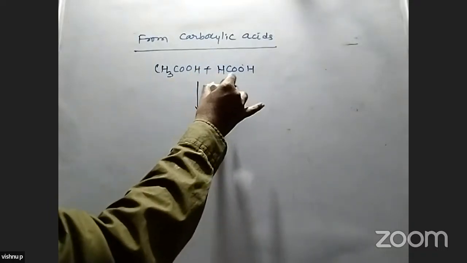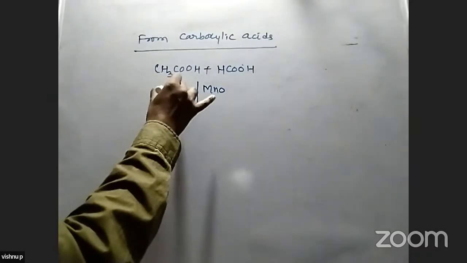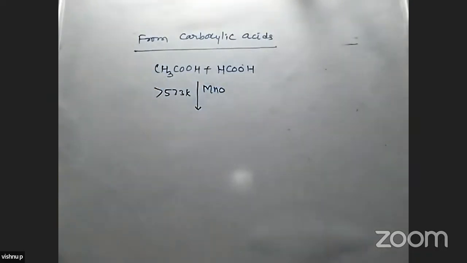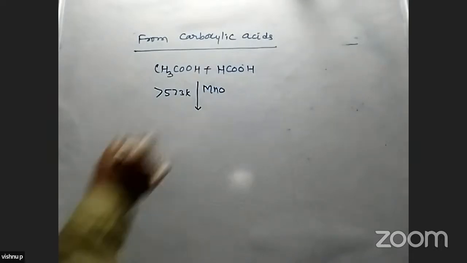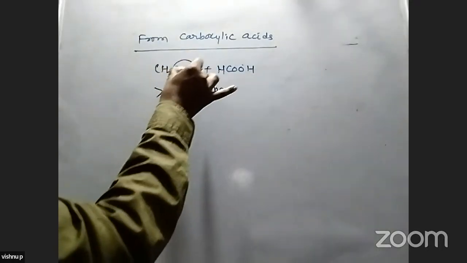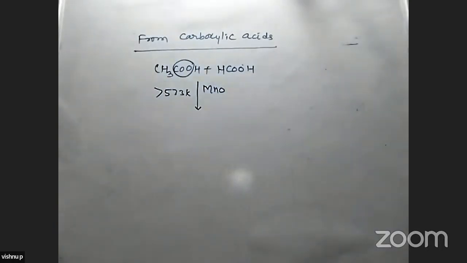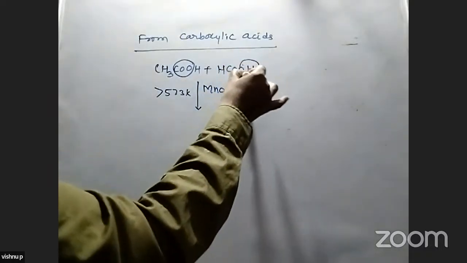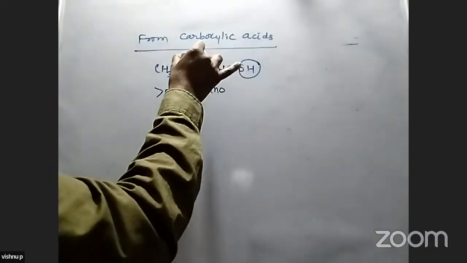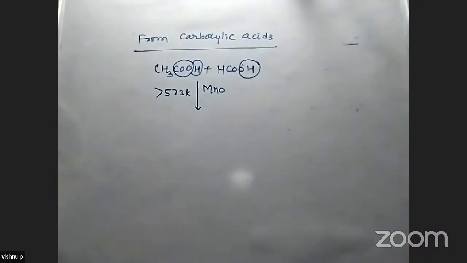This mixture is heated with manganese oxide at more than 573 Kelvin temperature. So what type of reaction takes place? From one carboxylic acid, CO2 is separated out, carbon dioxide is separated. From the other carboxylic acid, OH, and from the first carboxylic acid, H is separated.